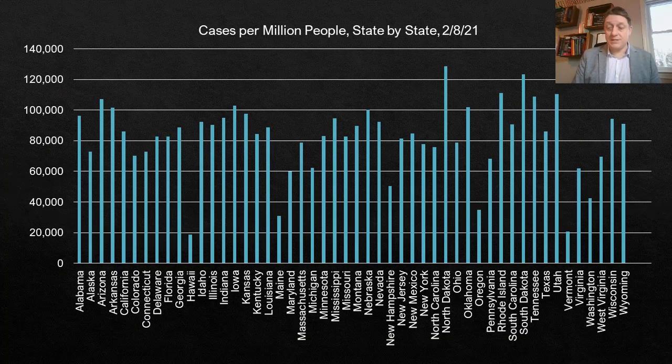So we could just think about where the virus is right now, and I'd like to show you this graph, which is the number of cases per million people right now, and by right now I mean February 8th, 2021. This data is gathered and compiled from each of the state agencies that deal with public health, either the state CDCs or bureaus of public health.